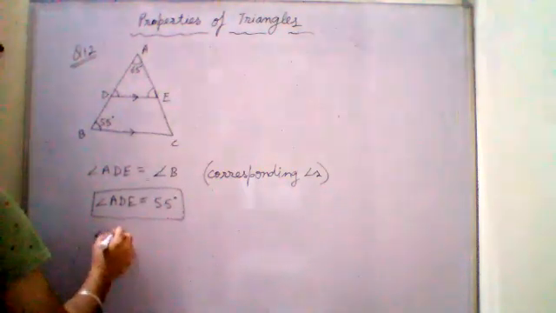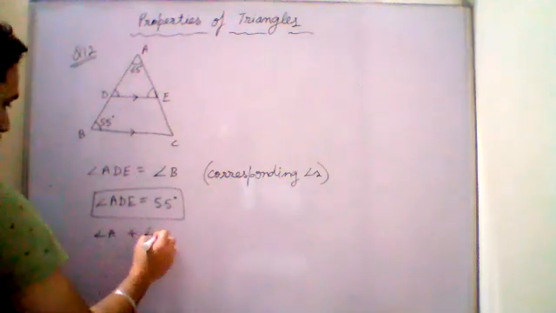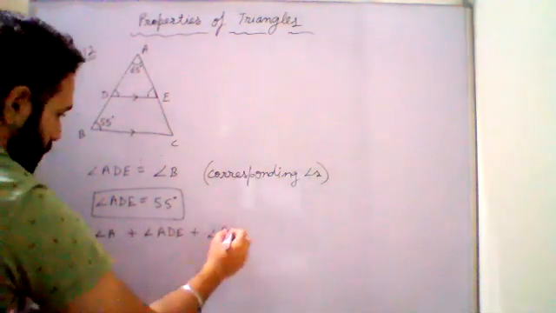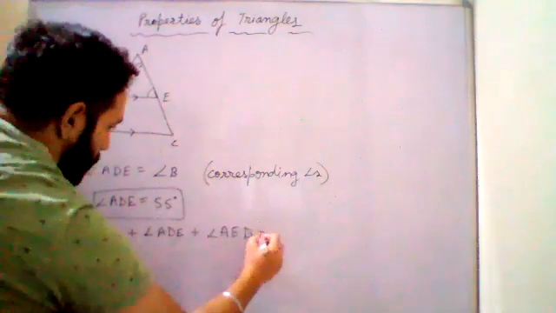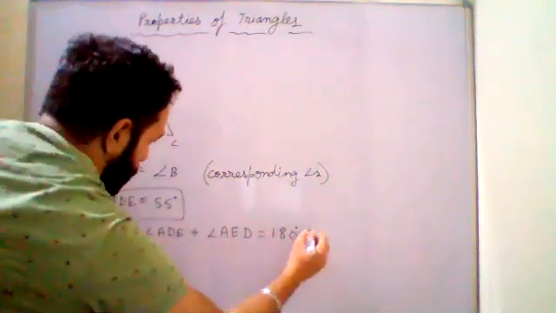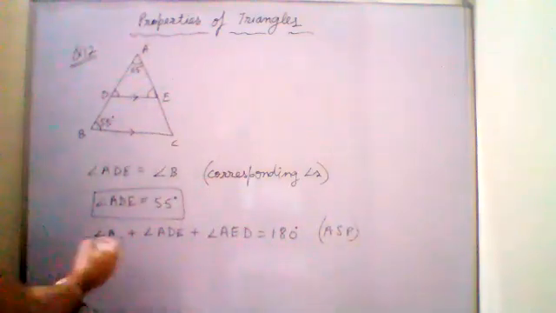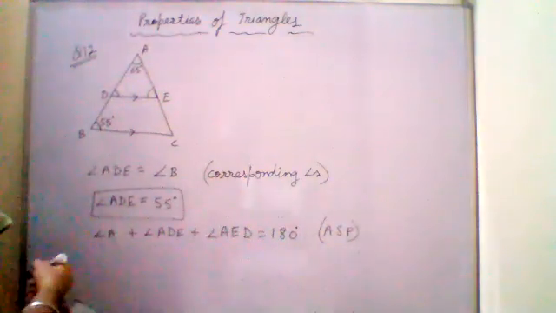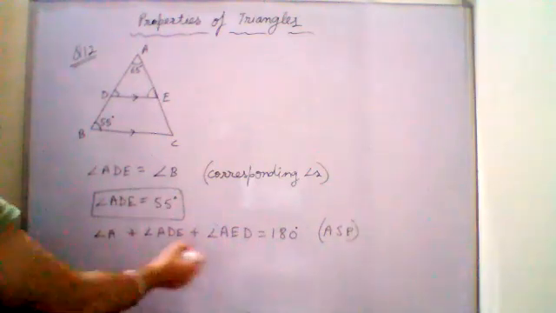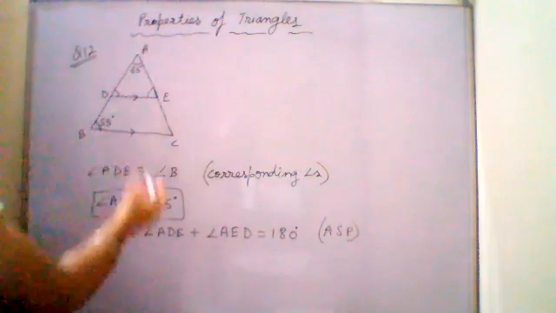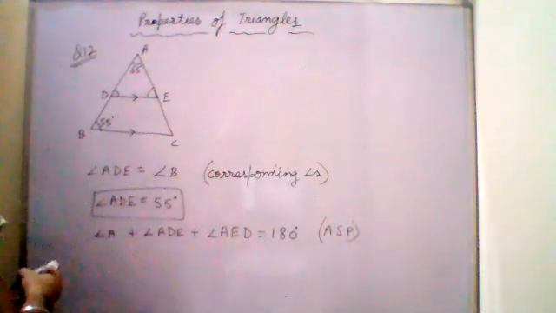So angle A plus angle ADE plus angle AED is equal to 180 degrees. What is the reason? Angle sum property. We have used the angle sum property in this case: the sum of all the three angles of a triangle equals 180.